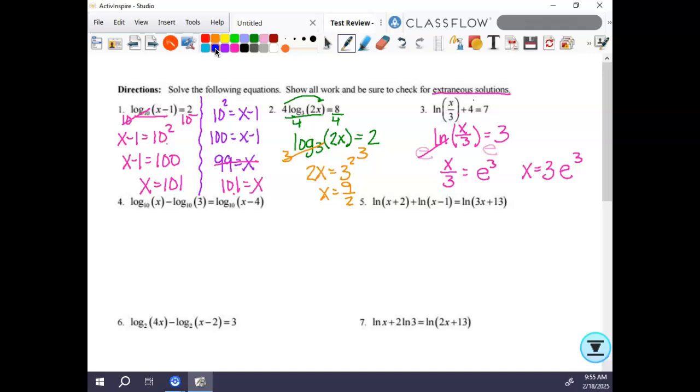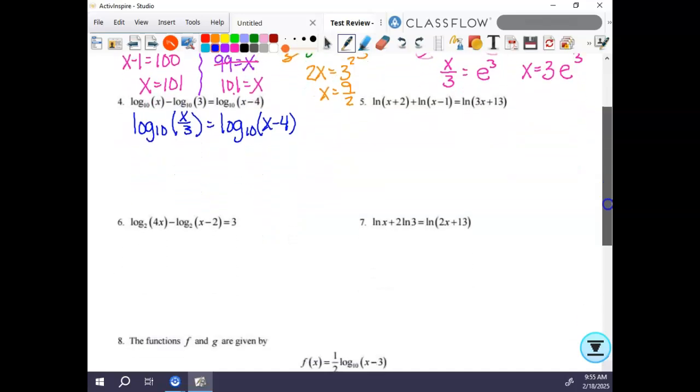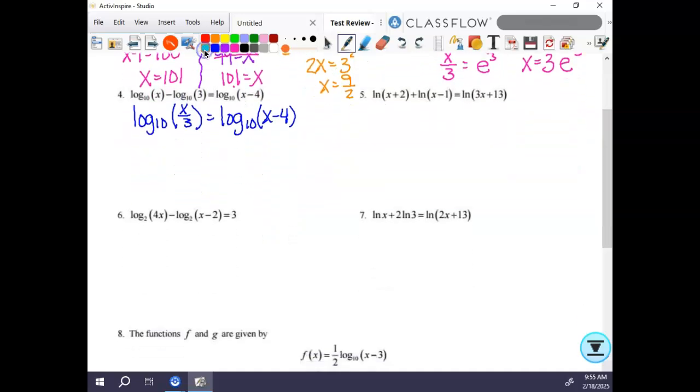Okay, so number 4, I need to combine on the left first. So I'm going to get log base 10 of x over 3, and that's equal to log base 10 of x minus 4. And essentially we get to drop the logs, but the reason that we get to drop the logs is because if I make 10 the base and raise it to those powers, then essentially those cancel out.